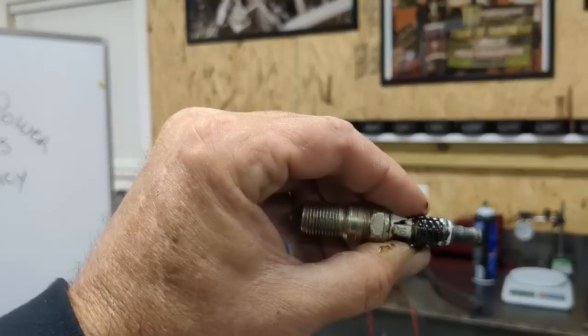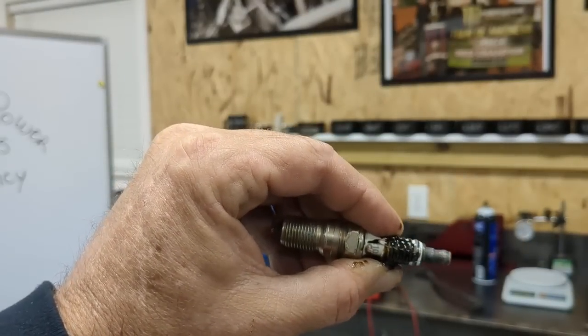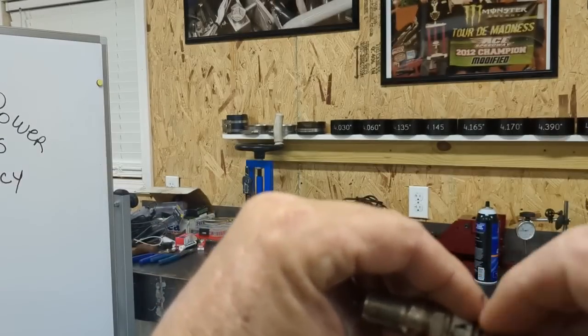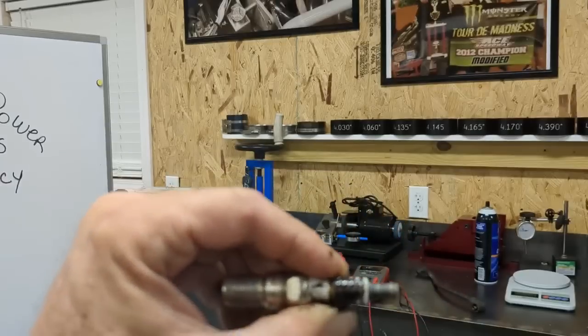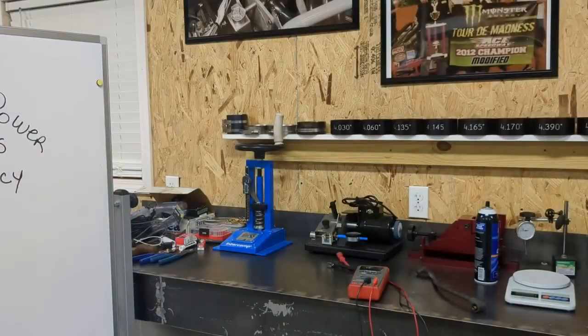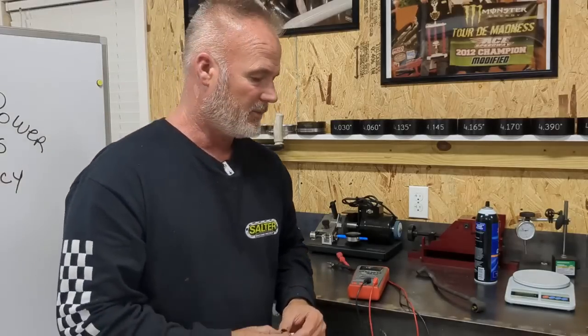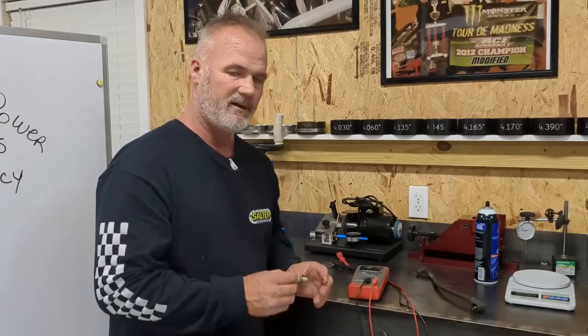Now, I purposely broke this one to show you, but every time you've got cracked porcelain you can't see, get some grease from the car, smear it around the porcelain, and it will show up like a bright light. And it will save you some heartache before you install these new plugs. And if somebody drops the spark plug on the concrete, especially if it's going in a high output engine, just throw the thing away and get another one. It's just not worth the headache.